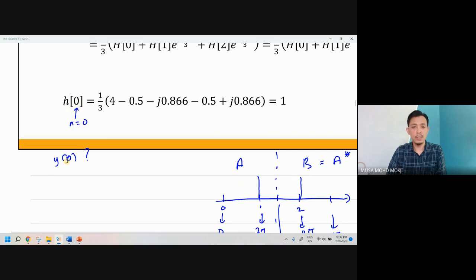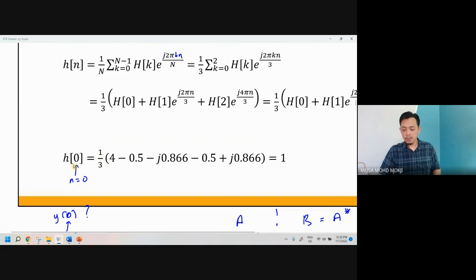So y0 means you need to find y when n equals 0. Okay, so that's what it means. This is supposed to be a basic equation. This is a function. So h0 means n equals 0.